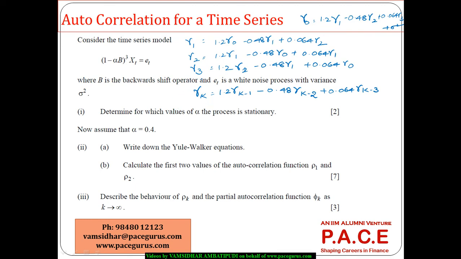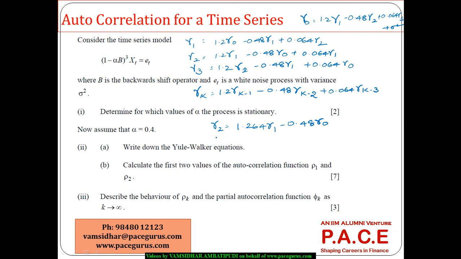Right, now that I have gamma 2 equal to this in terms of this, probably what I can do is gamma 2 is equal to 1.2 gamma 1 plus 0.064 gamma 1, which is coming out to 1.264 gamma 1 minus 0.48 gamma 0.